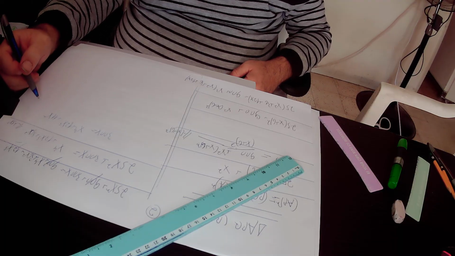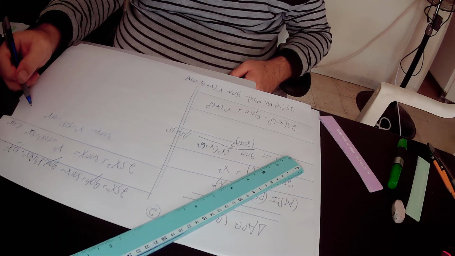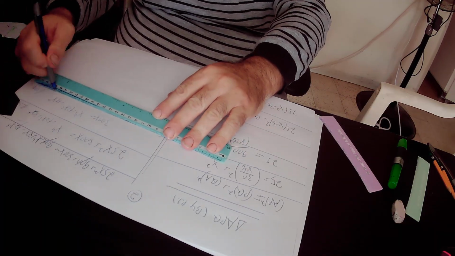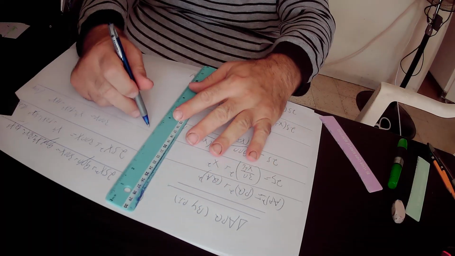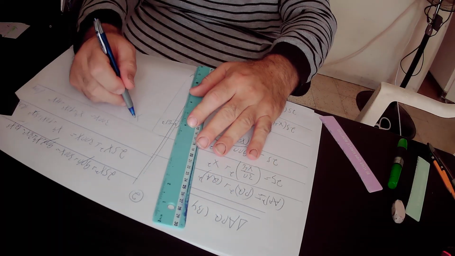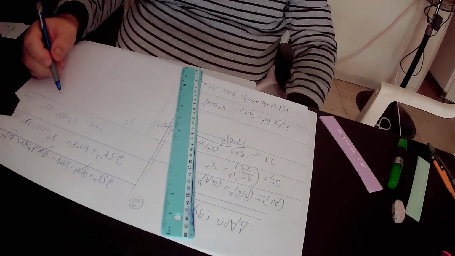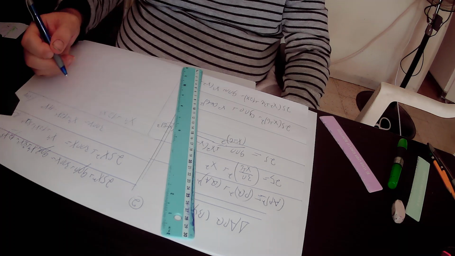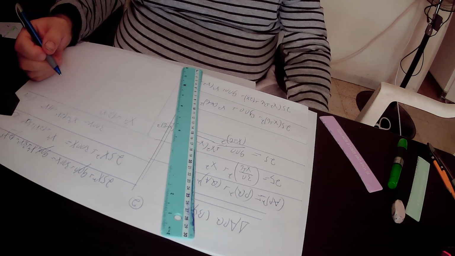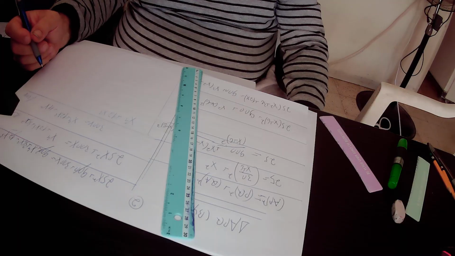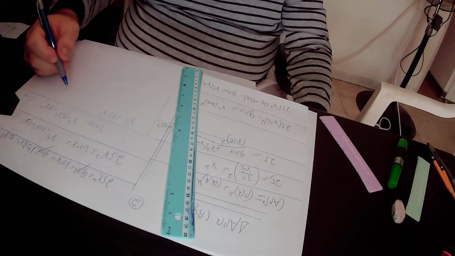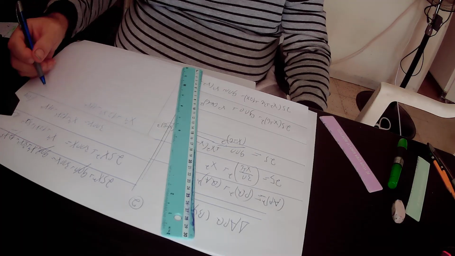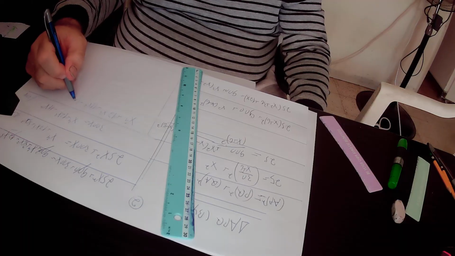So here we subtract 300x from this equation, and you get that x to the power of 4 plus 12x cubed plus 11x squared minus 300x equals 0.